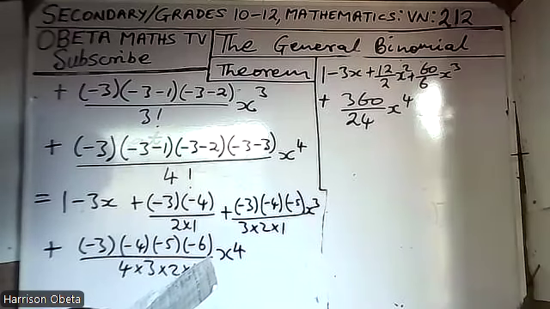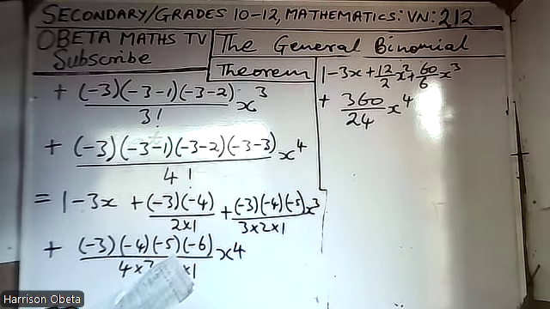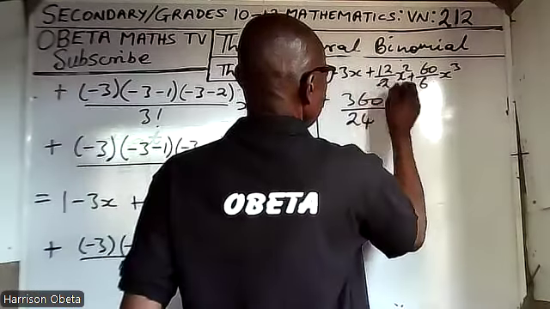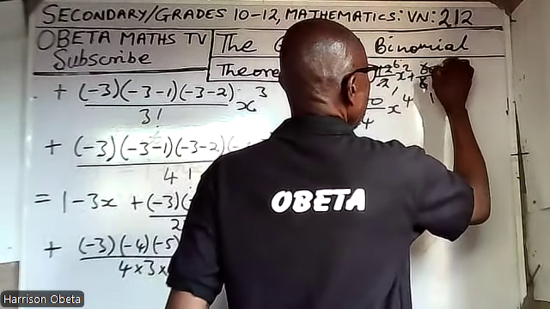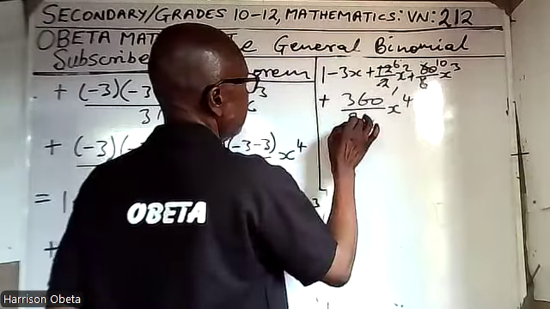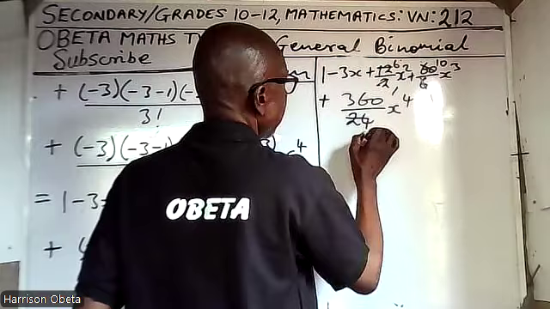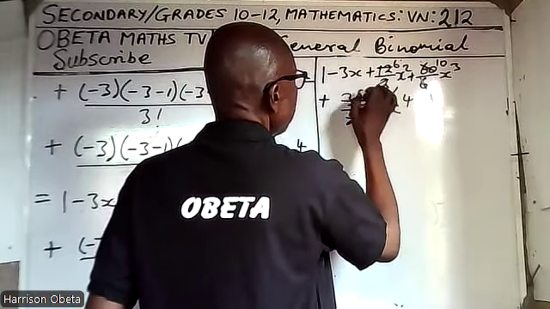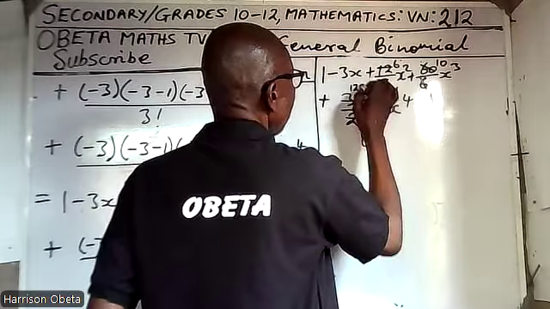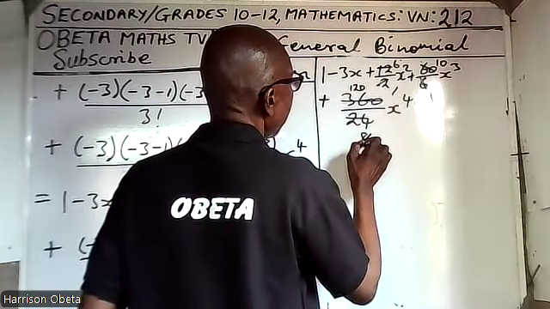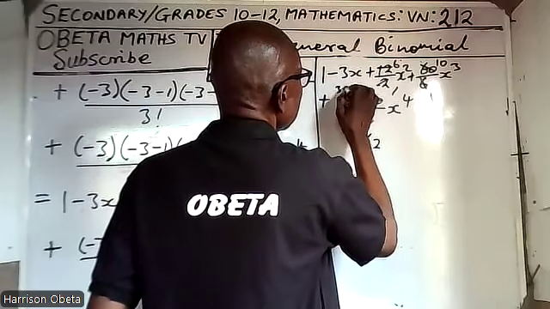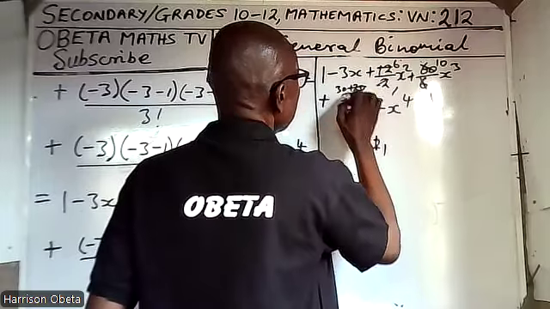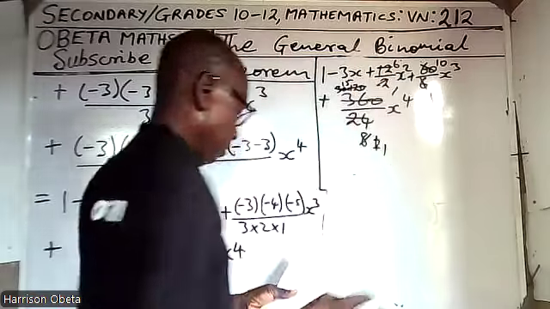If we now divide, 12 over 2 is 6, 60 over 6 is 10, and 360 over 24 is 15.